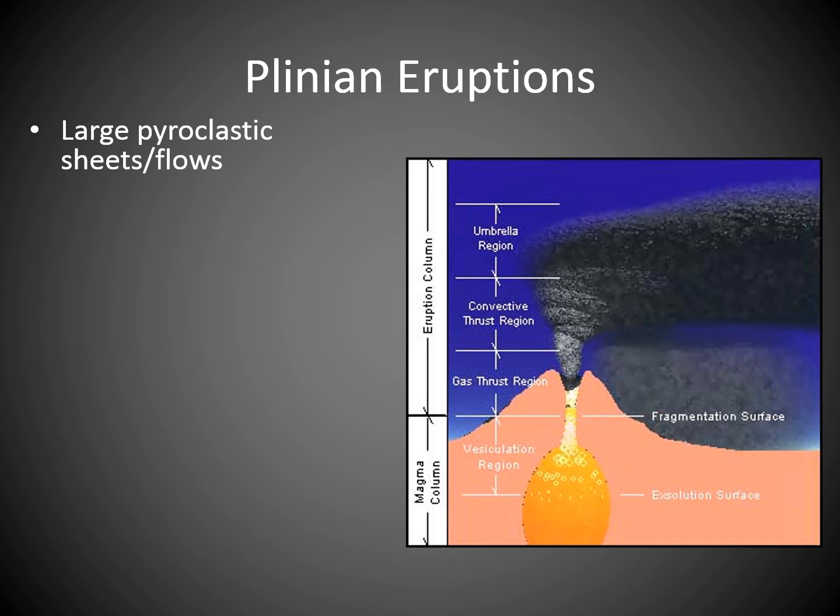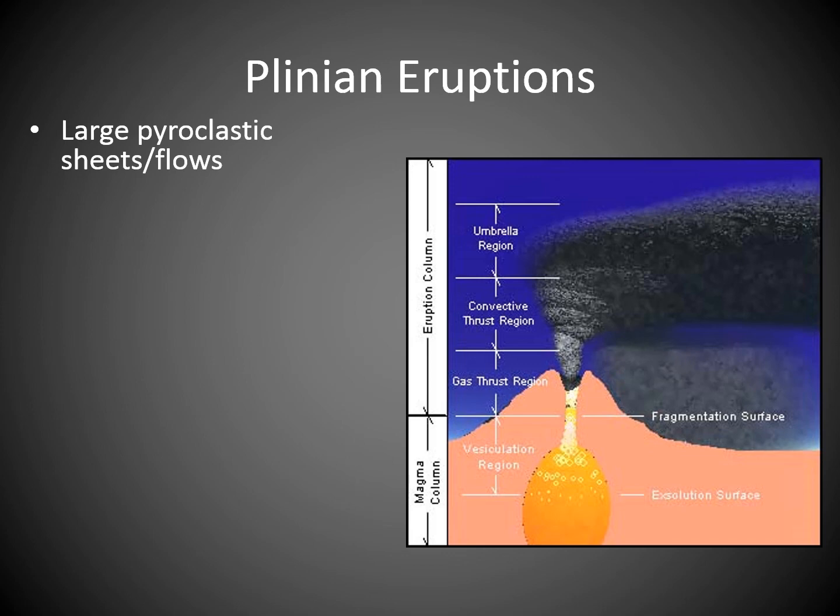So these Plinian eruptions erupt a lot of material. The columns typically collapse to form large pyroclastic flows and sheets. And these pyroclastic flows and sheets can be very thick, hundreds of feet thick to thousands of feet thick.